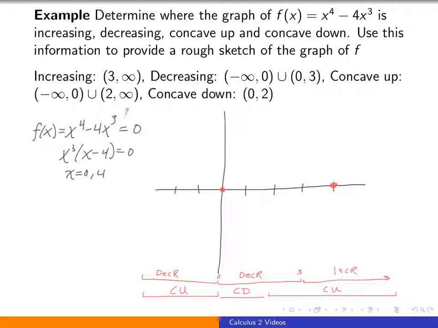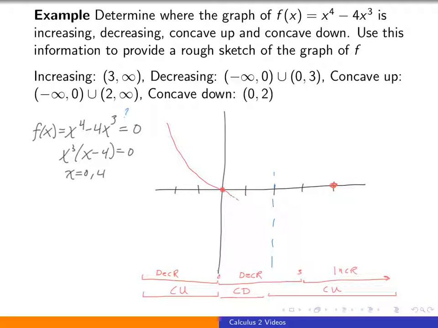And one thing I like to do is wherever I'm changing concavity, I like to draw kind of just a dashed line to help me see where that concavity changes. So in this case at 2 and at 0, but since I have the y-axis, I'm not going to worry about that. So I start off decreasing and concave up until I hit 0. At 0, I switch concavity, so I remain decreasing, concave down.